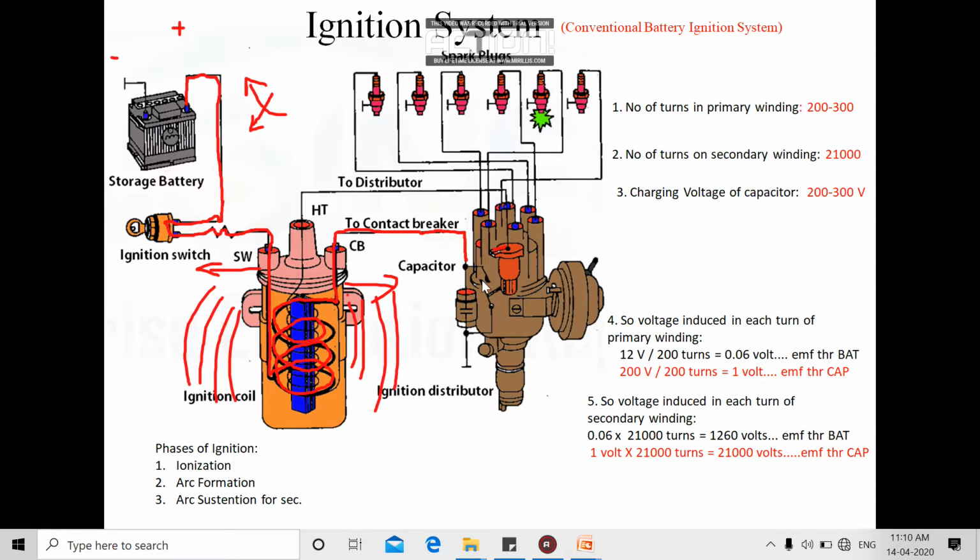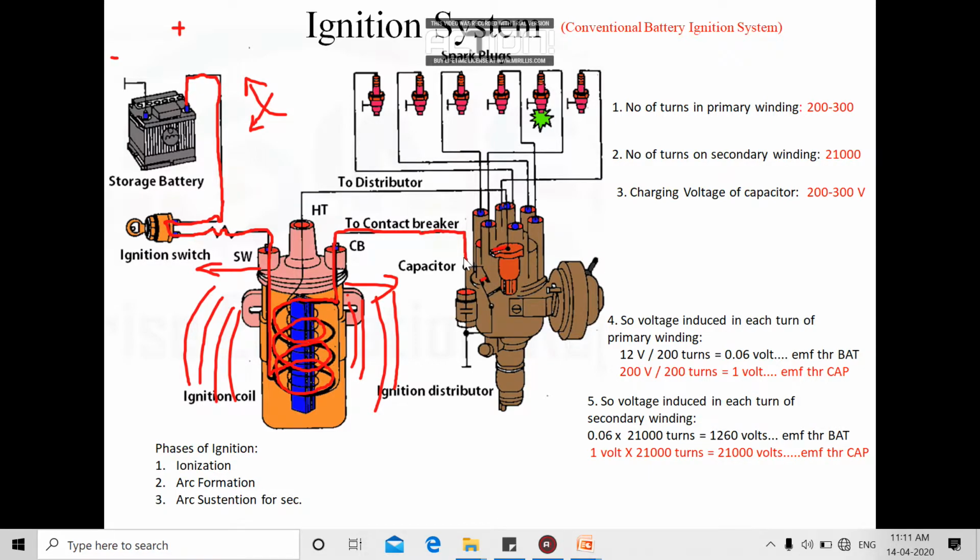So the contact breaker contact is closed only when the needle of the rotor is not making contact with any one of the leads. Now we are considering that the needle of the rotor is not making contact with any of the six leads present on the distributor cap. So now our contact breaker is closed.